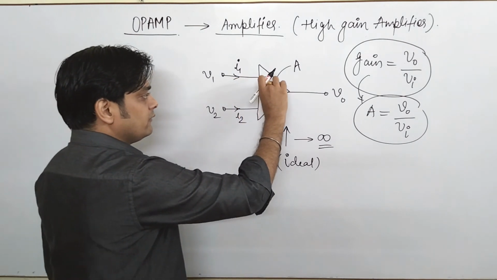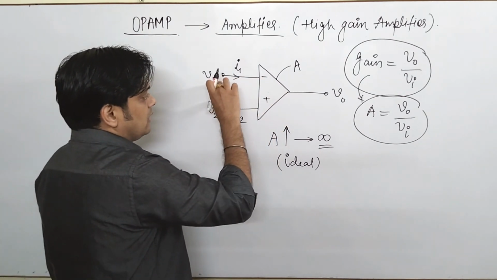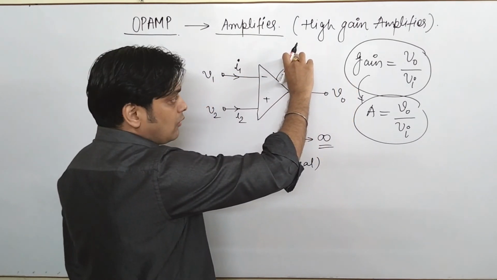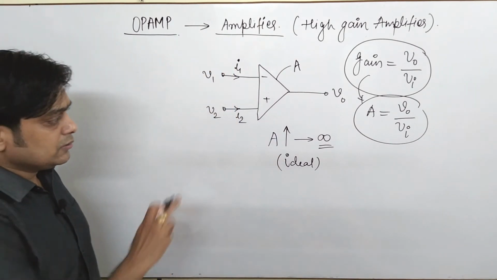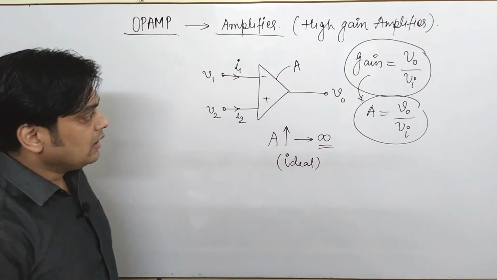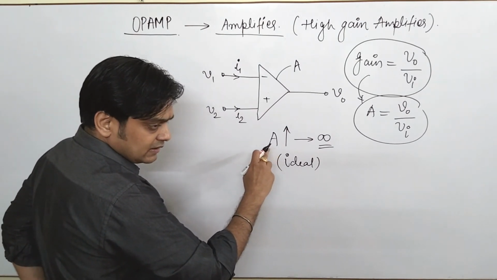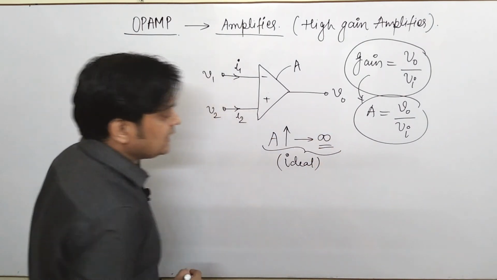So here if I consider this case A, your output is some value of A into the difference of the voltage. We will see what that actually is, but for the time being, the amplifier has high gain.